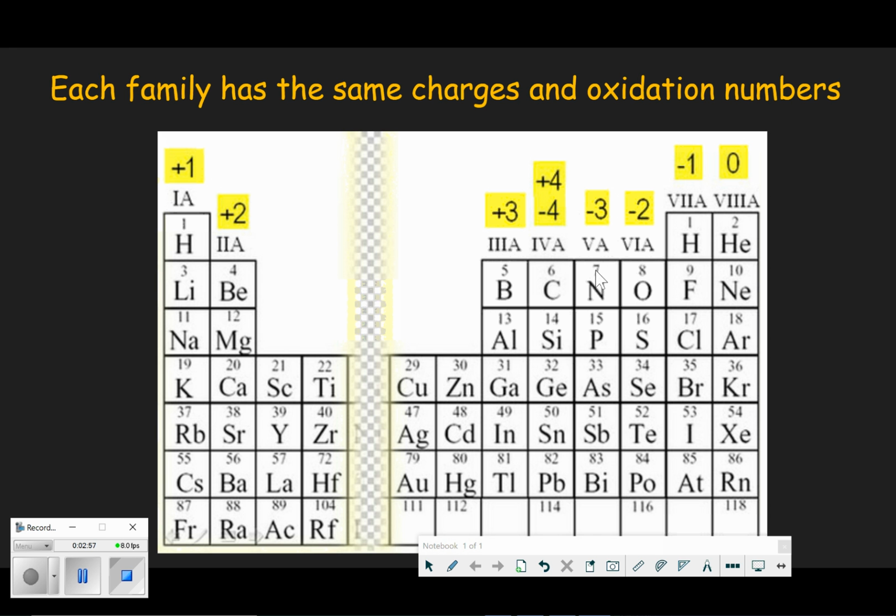Anything in the fifth column is a -3 because it only needs to steal 3 electrons. Anything in the sixth column is a -2. It needs to steal 2 electrons. Anything in the seventh column is a -1. It needs to steal 1 electron. And anything in the last column, its shell is full. It will not steal, it will not donate, and it will not bond anywhere.